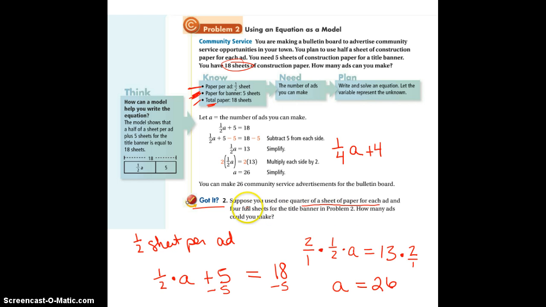Now this is referring back to problem number 2. So if we refer back to problem number 2, we have 18 total sheets. So remember that total translates into the equals. So 1/4 A plus 4 equals 18. Go through and solve that. So subtract the 4 from both sides. And we get 1/4 A equals 14.